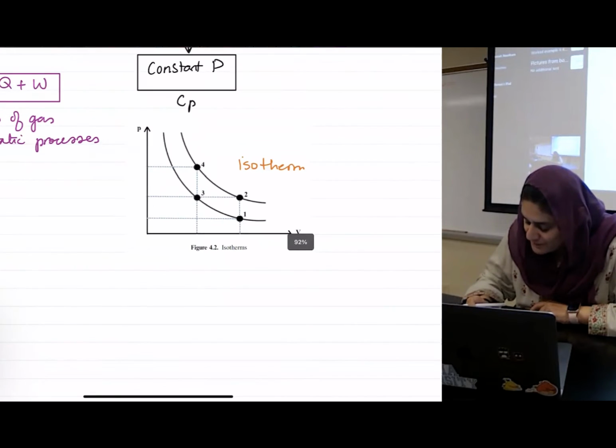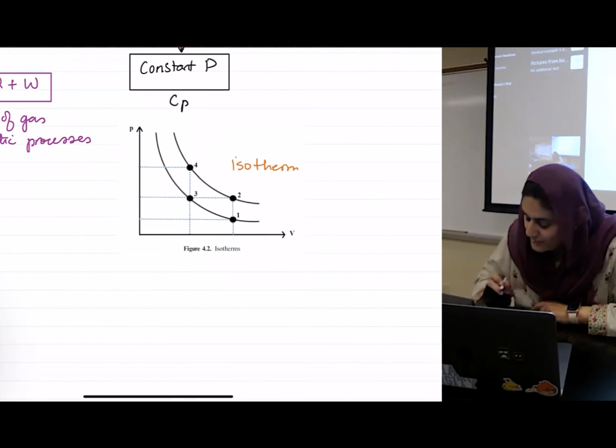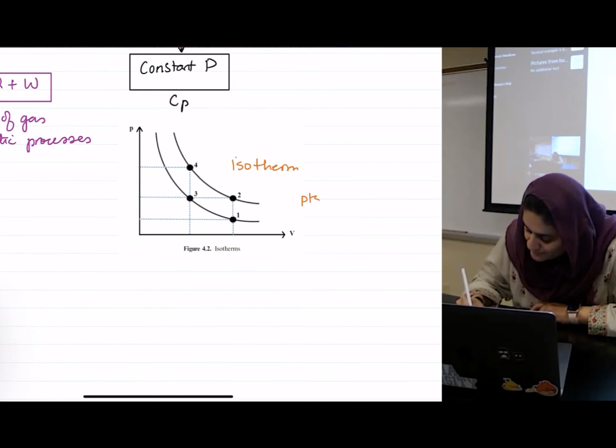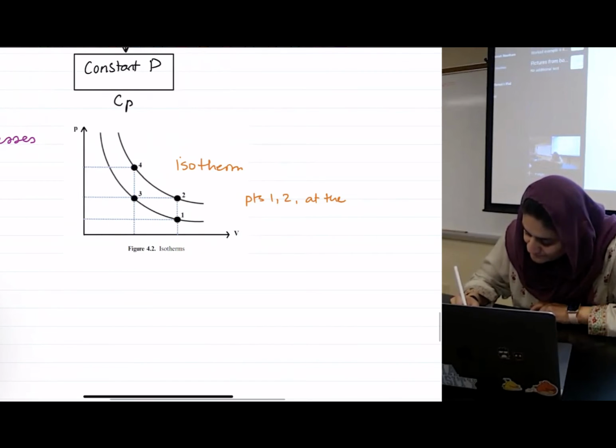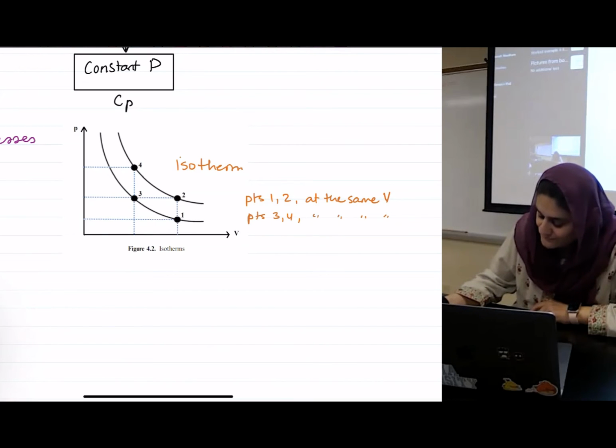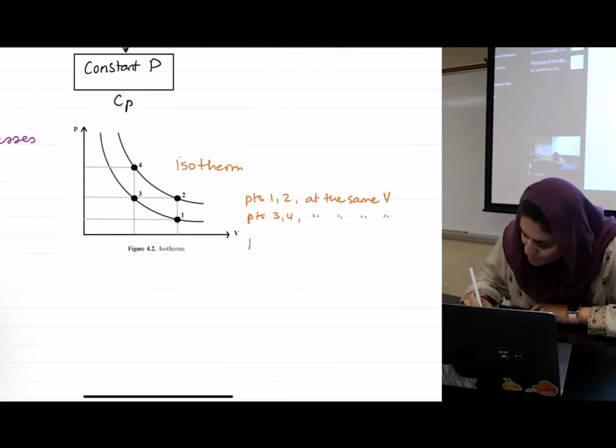If you look at this picture, points 1 and 2 are at the same volume. Points 3 and 4 are also at the same volume. And points 2 and 3 are at the same pressure.